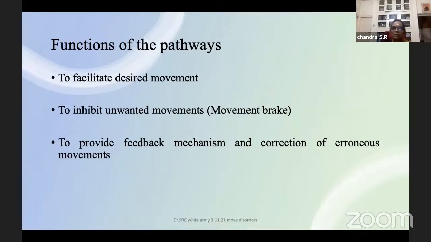Whenever movement becomes erroneous, immediately give a correction, constantly monitoring vigilantly. These are the 3 important functions which these pathways do.